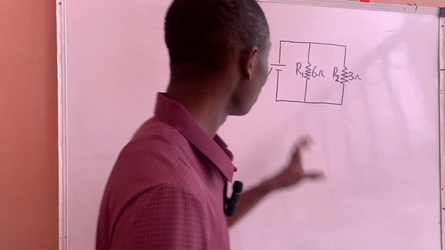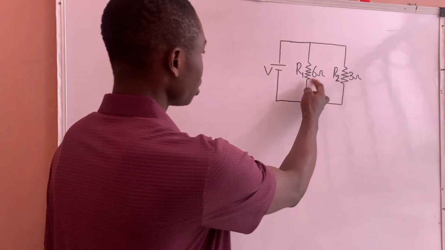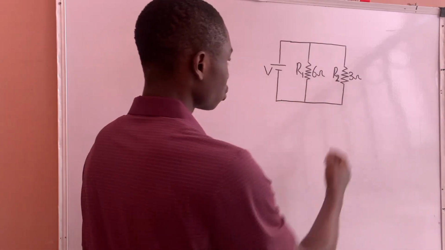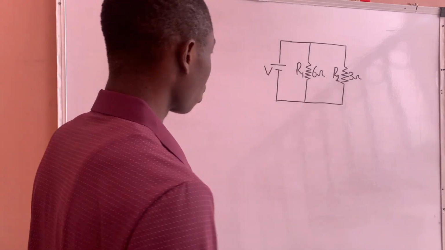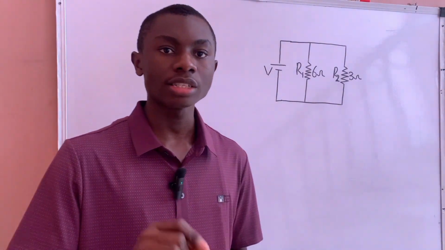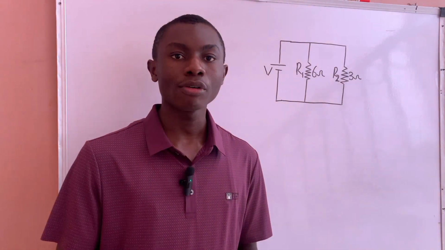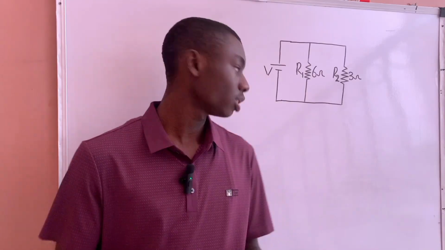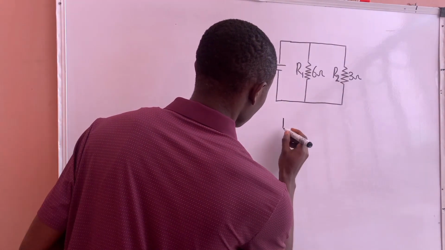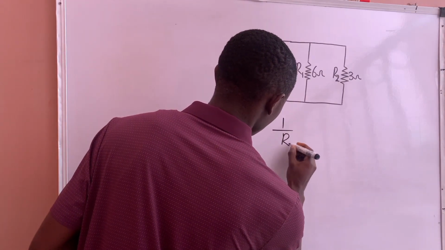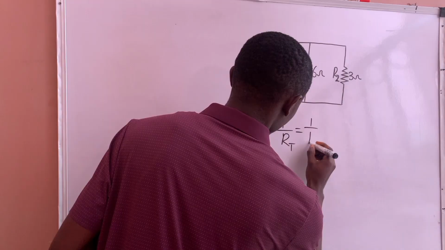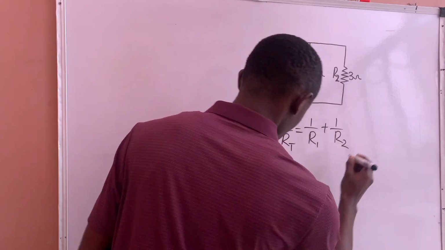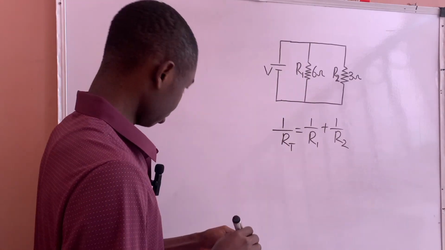Let's dive in. For the circuit above, we have a 6 ohm resistor, which is resistor R1, and resistor R2, which is 3 ohms. And this is a parallel network. So for us to find the total resistance, the standard formula for calculating total resistance in a parallel circuit is given by 1 over RT equals 1 over R1 plus 1 over R2.